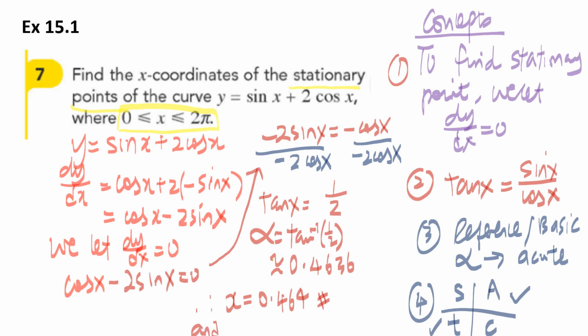And the second answer will have to come from the third quadrant, which is 180 plus alpha. 180 is equal to pi, so it's pi plus alpha, which is plus 0.4636, and that will give us 3.61. So your two x coordinates of the stationary points would be 0.464 and 3.61.